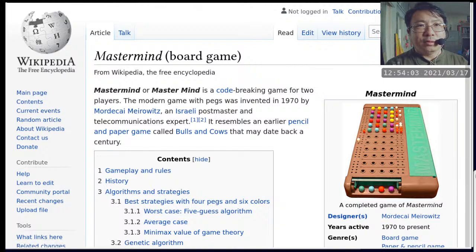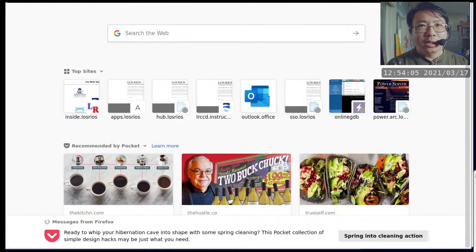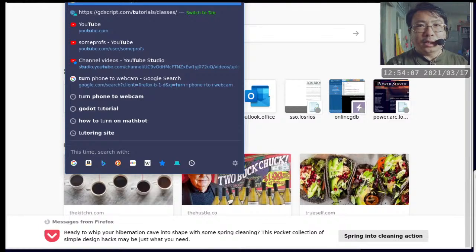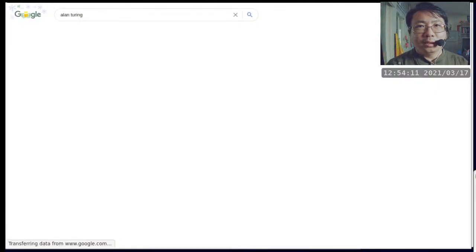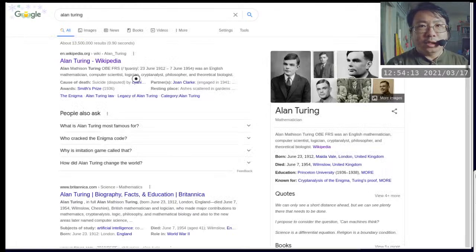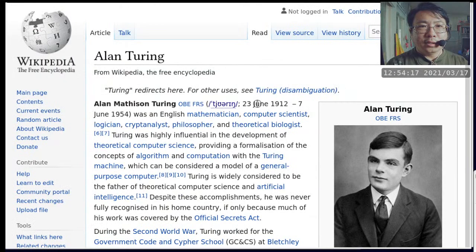So I'm going to throw in more links here. The first one is Alan Turing. And of course, in real life, he doesn't quite look like the actor who played Alan Turing in the Imitation Game.